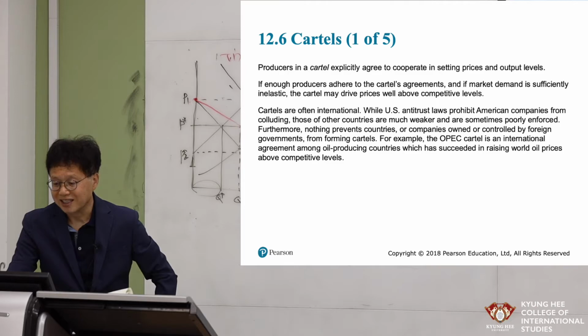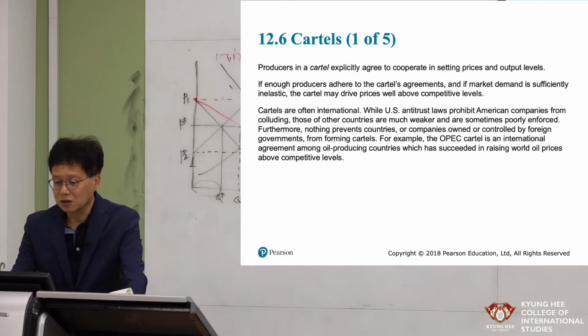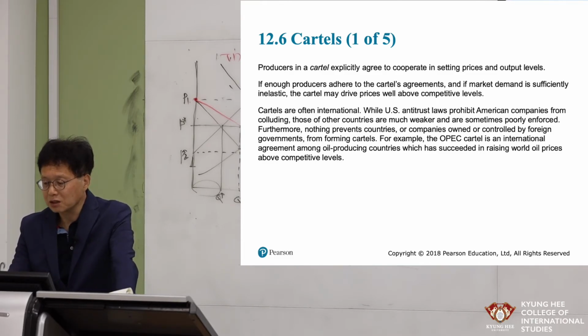Producers in a cartel explicitly agree to cooperate in setting selling price and output level. Here, the important word is explicitly. If enough producers adhere to the cartel's agreement, and if market demand is sufficiently inelastic, the cartel may drive prices well above the competitive level.